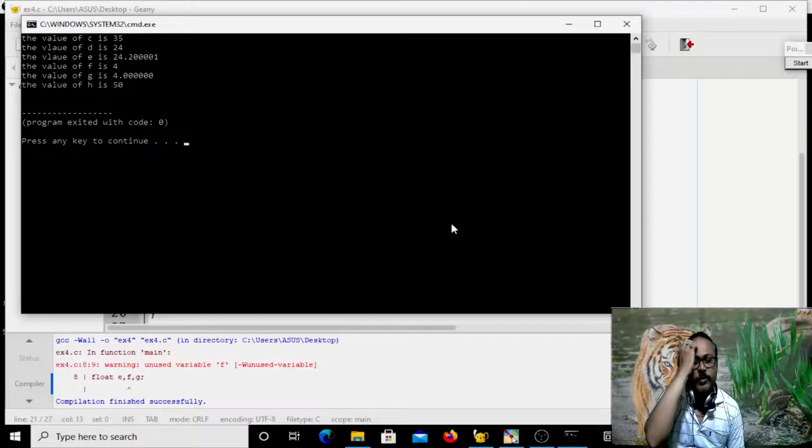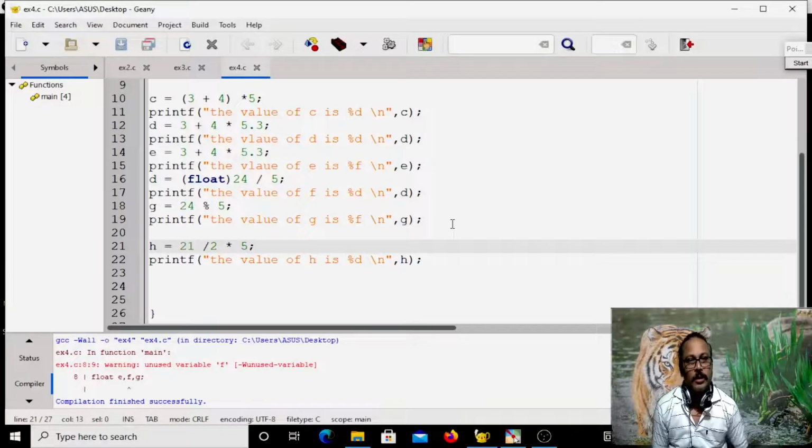The result is 50. What was the previous case? 21 by 2. What is 21 by 2? 21 by 2 is actually 10.5, but because it is integer division, 0.5 is truncated, so only 10 remains. 10 star 5, that is 50.